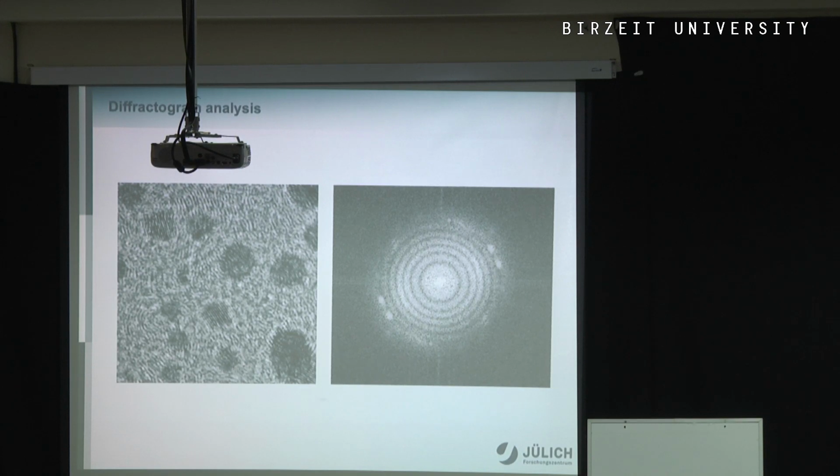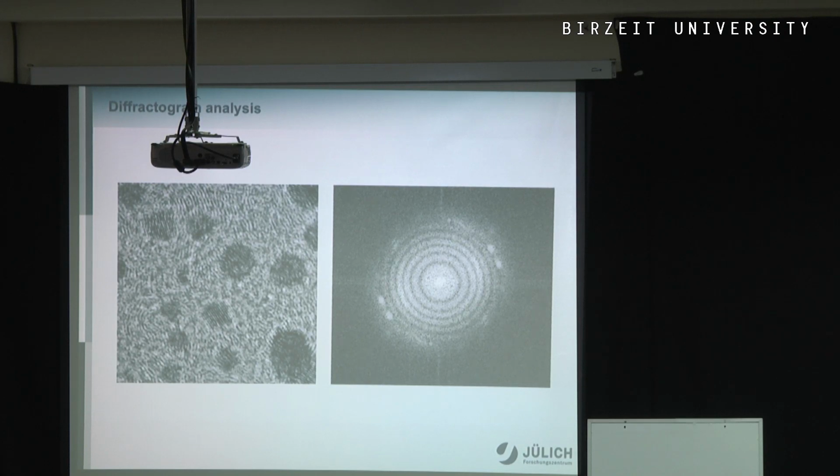And you might see some other background contrast from scattering from the amorphous material. A diffractogram, in contrast to a diffraction pattern, is obtained by taking an image, recording the intensity, and then calculating its Fourier transform times the complex conjugate of the Fourier transform. In other words, the modulus or the modulus squared of the Fourier transform of an image.